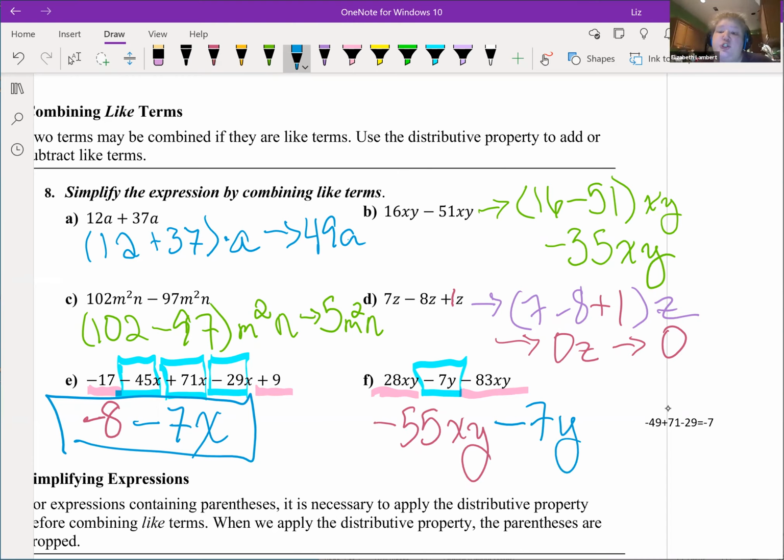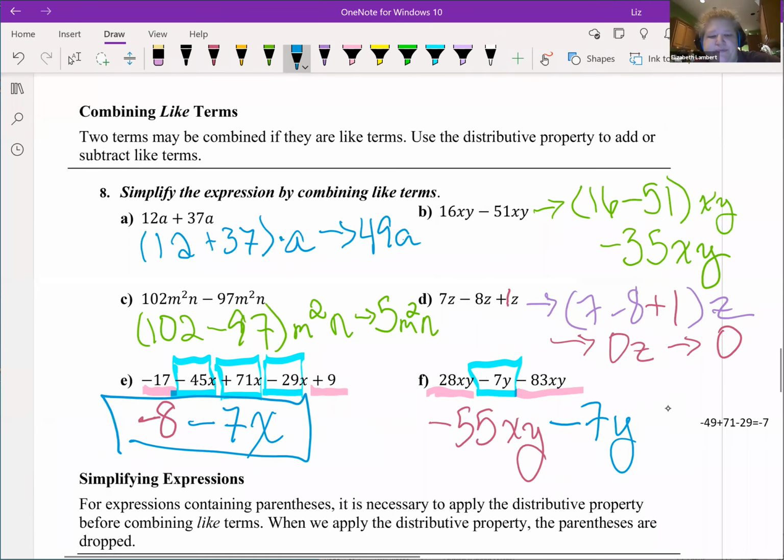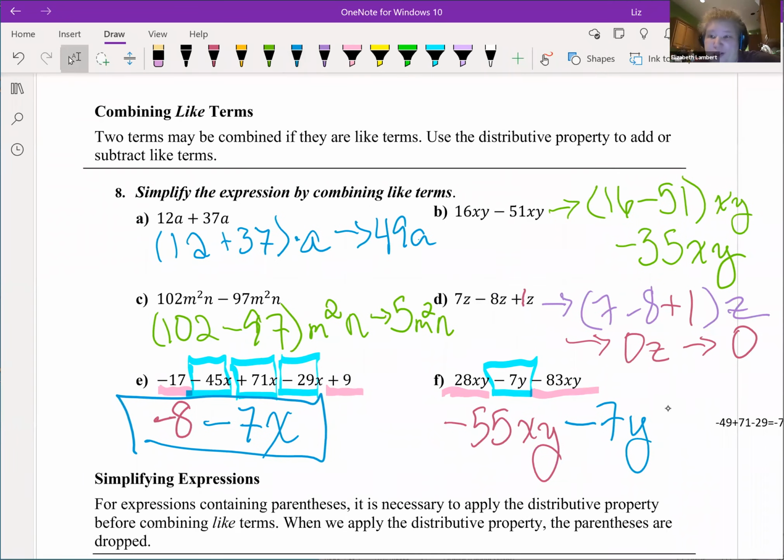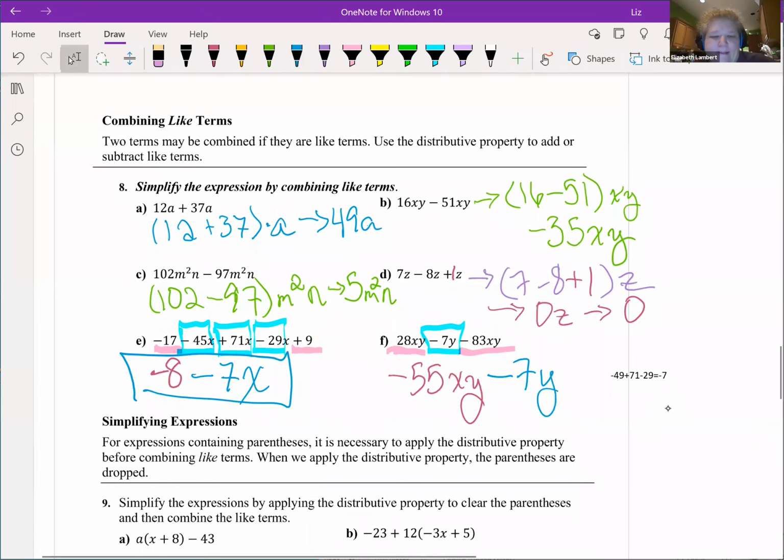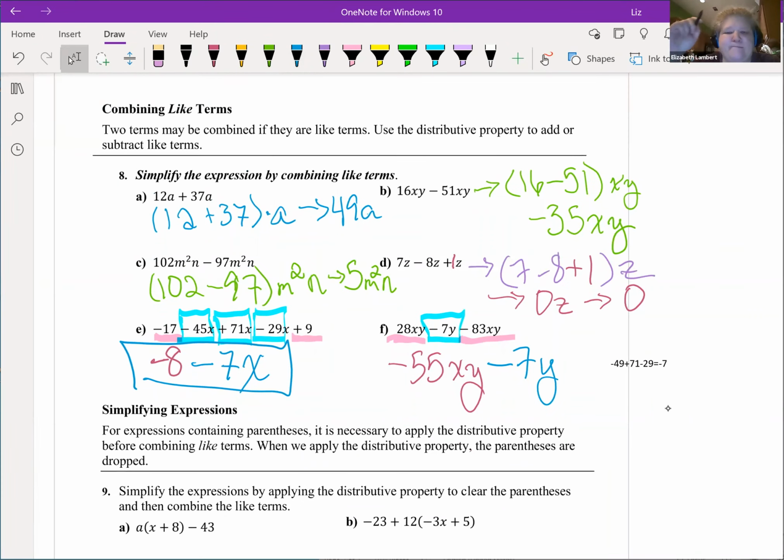Now, both terms do have that y in common, and I could factor that out if I needed to. And there are times where that is actually a useful step. It would look weird right now, but there are other times where factoring out that y actually allows us to do an extra step. It looks crazy, but we'll actually end up with a result we want. All right. So let's pause those, then we'll come back for the next set.